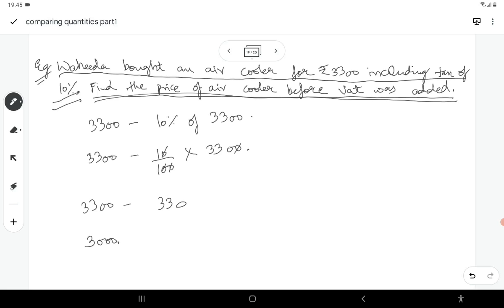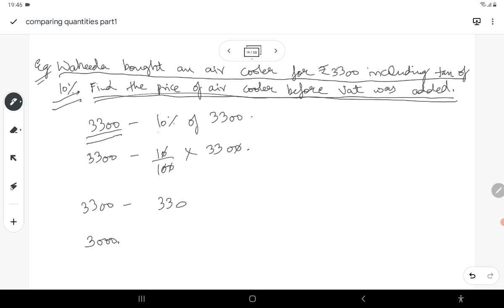So how are we going to find it? We have to subtract the VAT from the price including the tax. So 3300 is the original price including the tax, and we have to subtract that amount of tax, which would give us the original price.